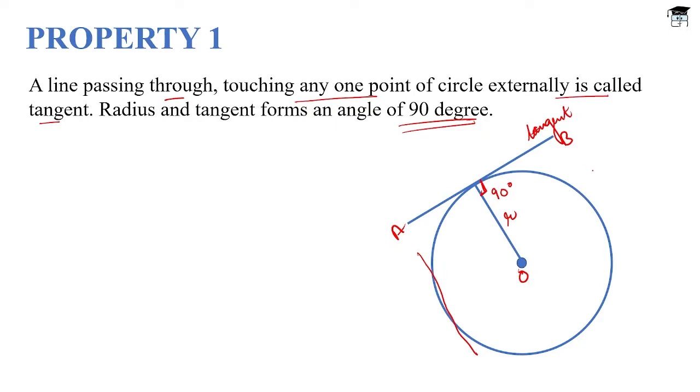Sorry for my rough drawing, but it just touches the circle at one point only, and that forms a 90-degree angle. I hope this is clear to you all. First property is clear, right?